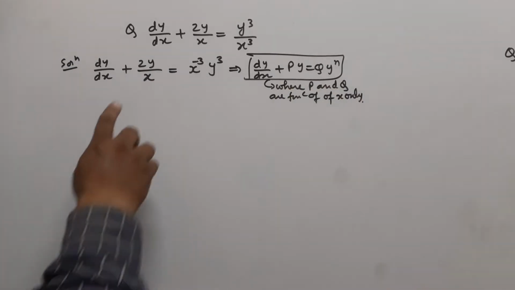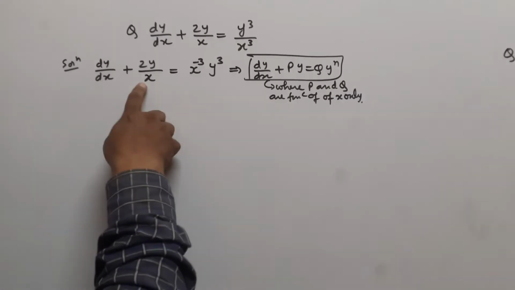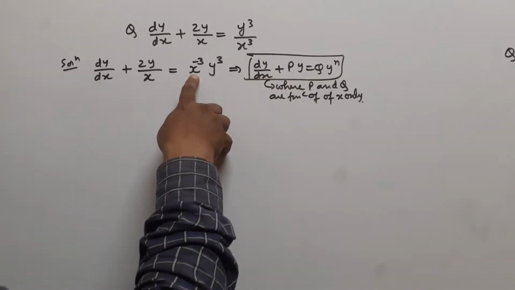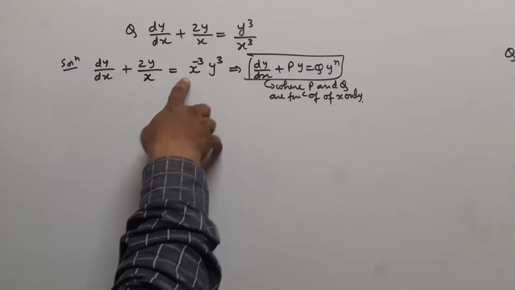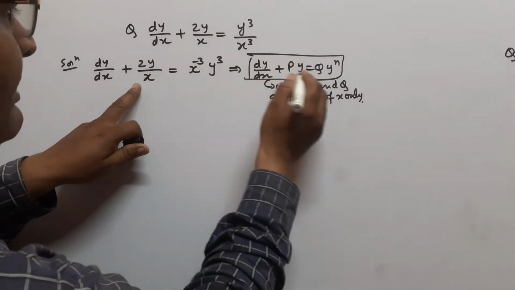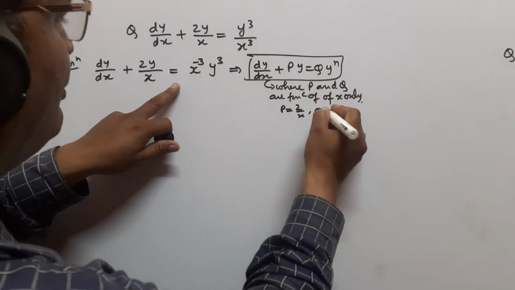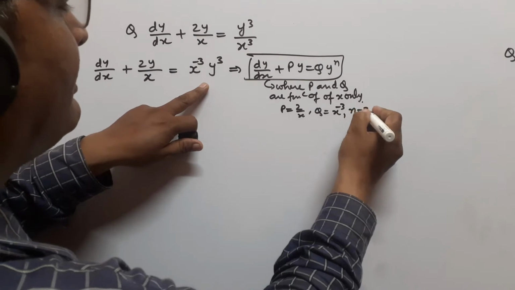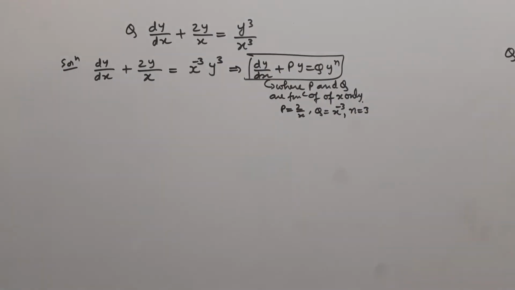Here P is the coefficient of y, so this is 2/x, and Q is the coefficient of y^n, that is x^(-3). So on comparing, we get P = 2/x and Q = x^(-3), and n is the power of y, so this is 3.